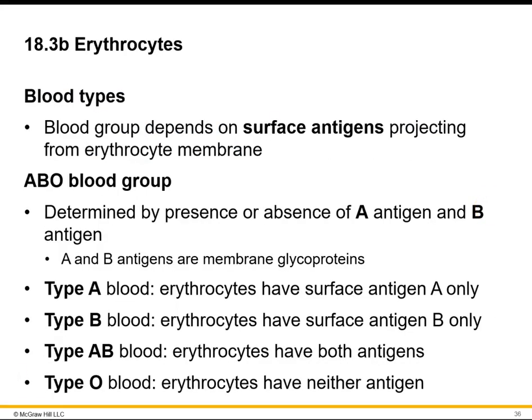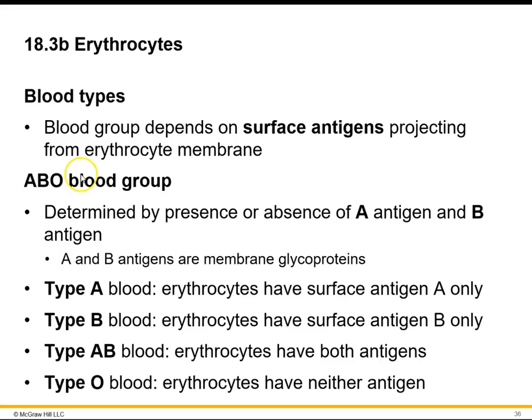Okay, let's move on to blood types. So a person's blood group is going to depend on surface antigens that project from the membrane of those red blood cells. Okay, so let's talk about the ABO blood group first. So you've heard of people who are type O, type B, type AB, etc. That's determined by whether or not they have an A antigen and a B antigen on their red blood cells.